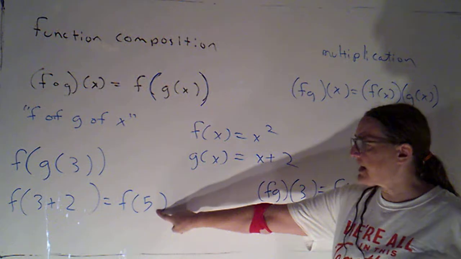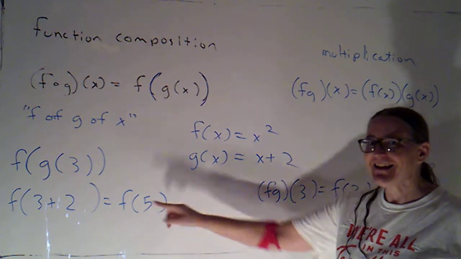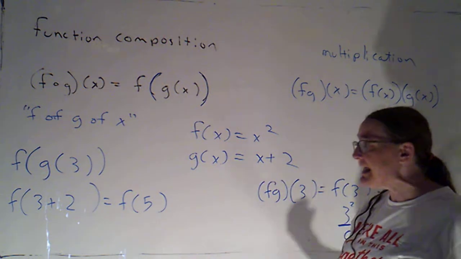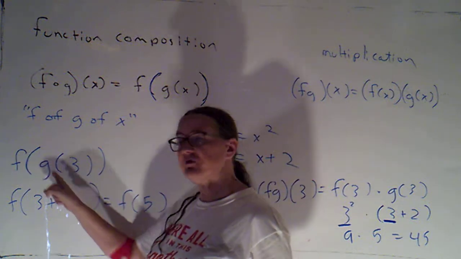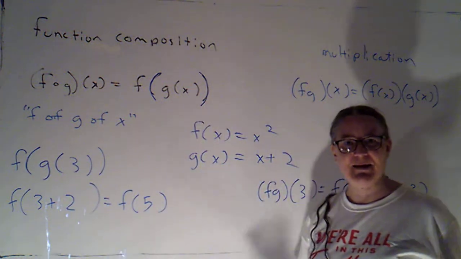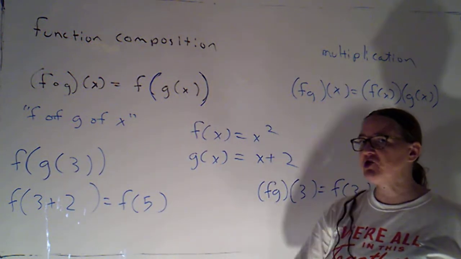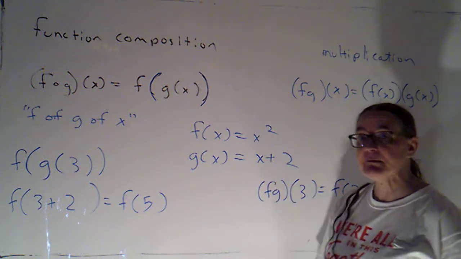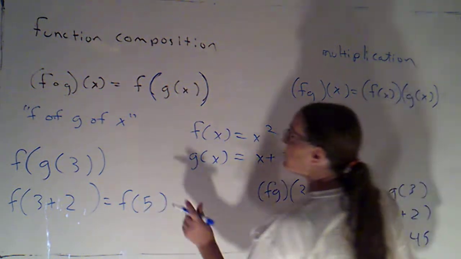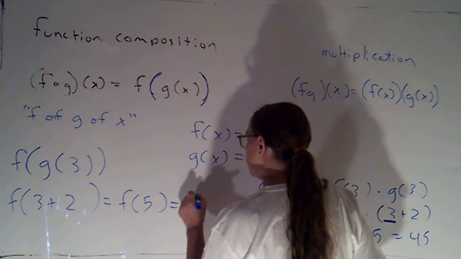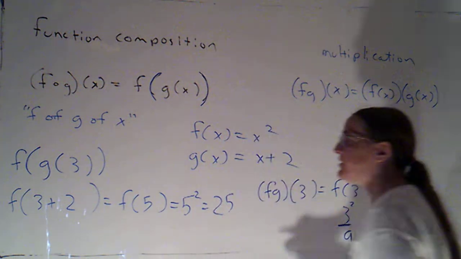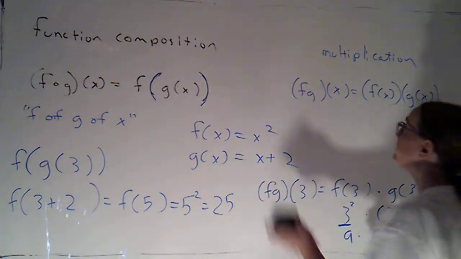But notice, that means I'm now plugging 5 into f. So the input to each of these 2 functions is not the same. It's the output from g that becomes the input to f. And so f was my squaring function, so this would be 5 squared, which gives me 25.